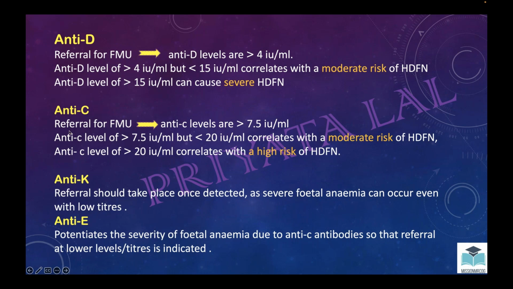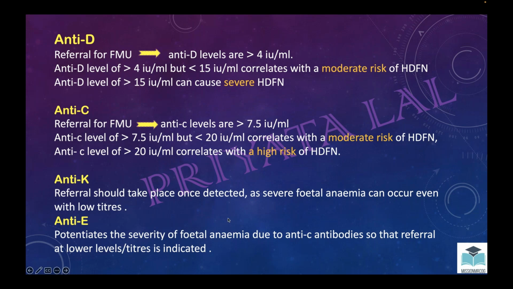Anti-C more than 7.5 and less than 20 correlates with moderate risk, and more than 20 correlates with high risk of HDFN. As I already told, D and C are checked by the automated analyzer. For others, they do double dilution titration.